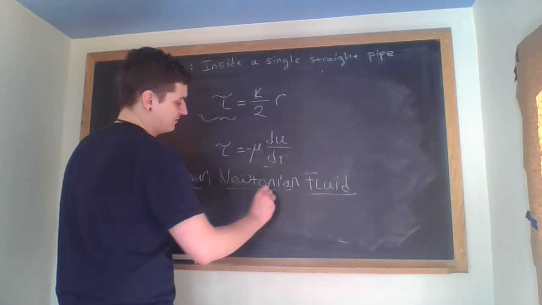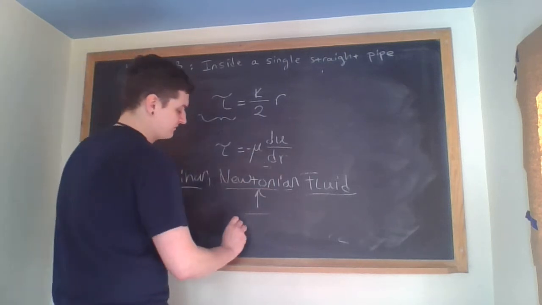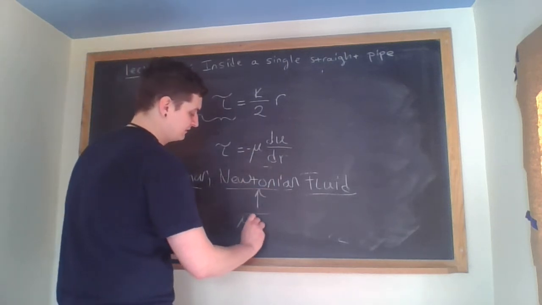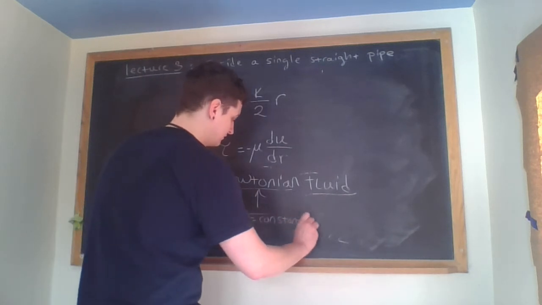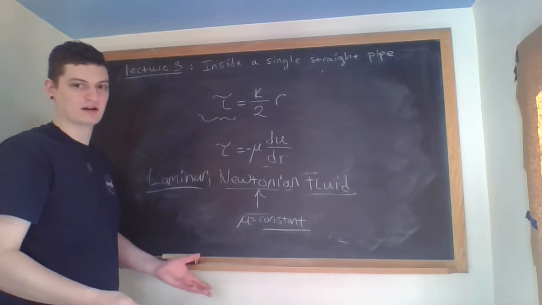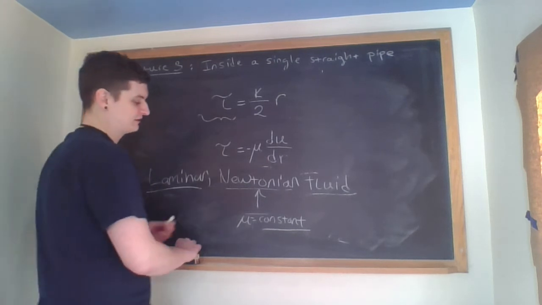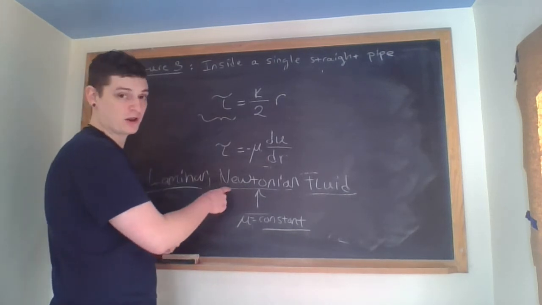The Newtonian part represents this, and it also represents the fact that this is a constant.